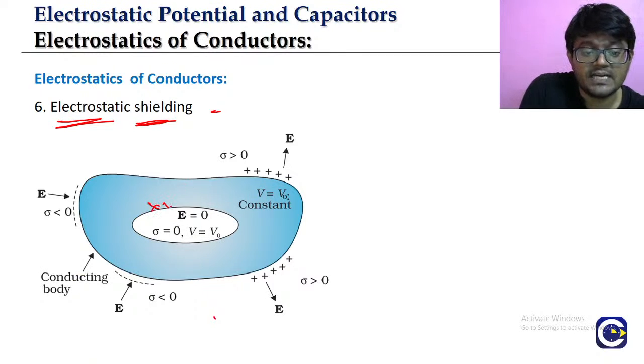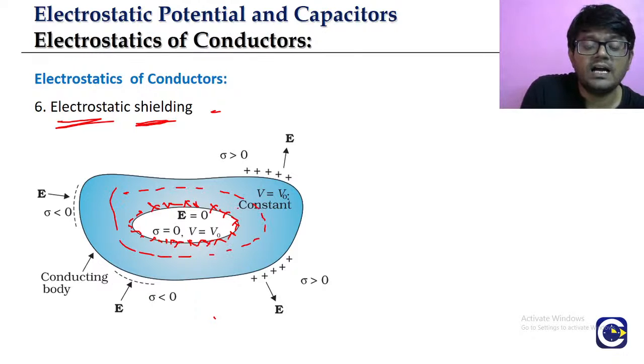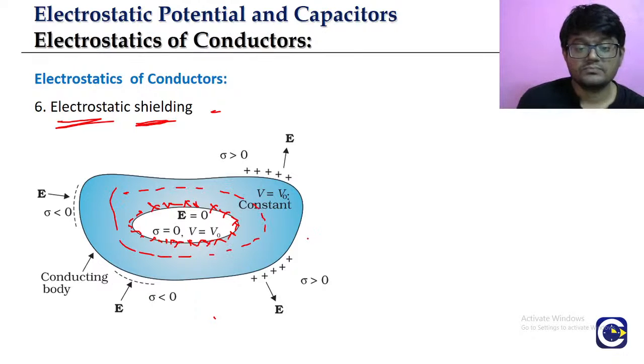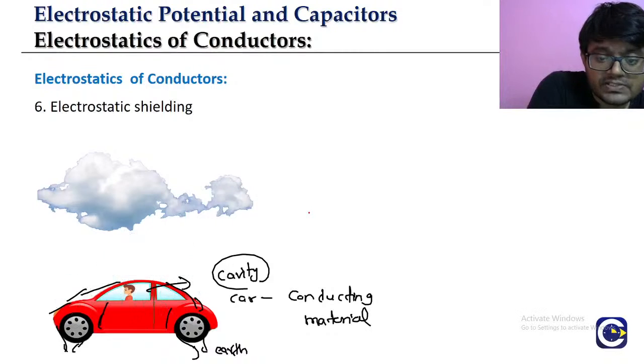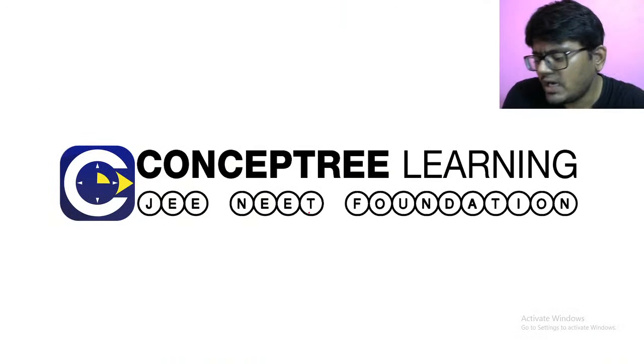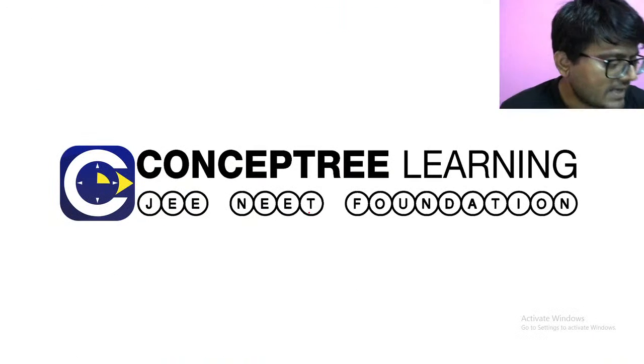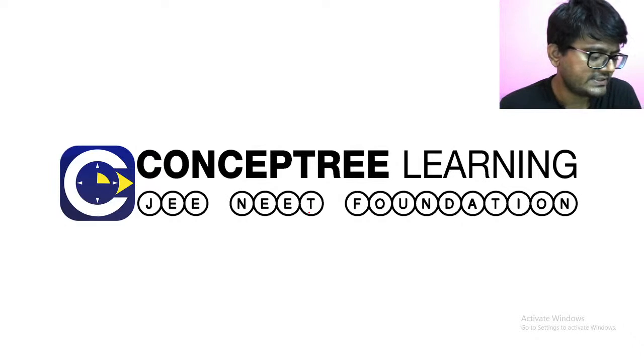Cavityயோட surfaceக்கு மேல charge இருக்காது. Okay, ஏன்னா if there is a charge accumulation means என்ன ஆகும், it will disobey the Gauss law. நீங்க ஒரு Gaussian surface எடுத்தா it will disobey the Gauss law. Okay va? So this is about the electrostatic shielding and other practical applications. So this is about the concept of the conductors in electrostatics.